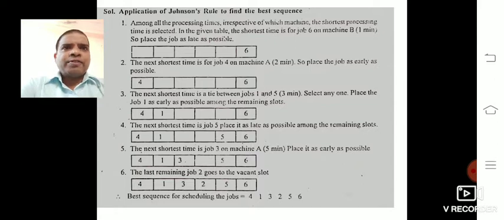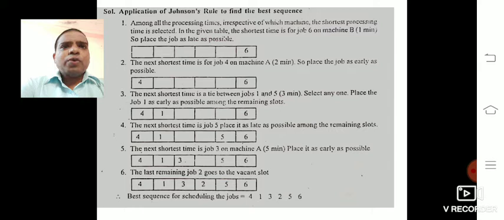If the minimum processing time occurs in the machine B column, we place that job as late as possible, that means the extreme right side. If the minimum processing time occurs in the machine A column, we place that job towards the extreme left, as early as possible.